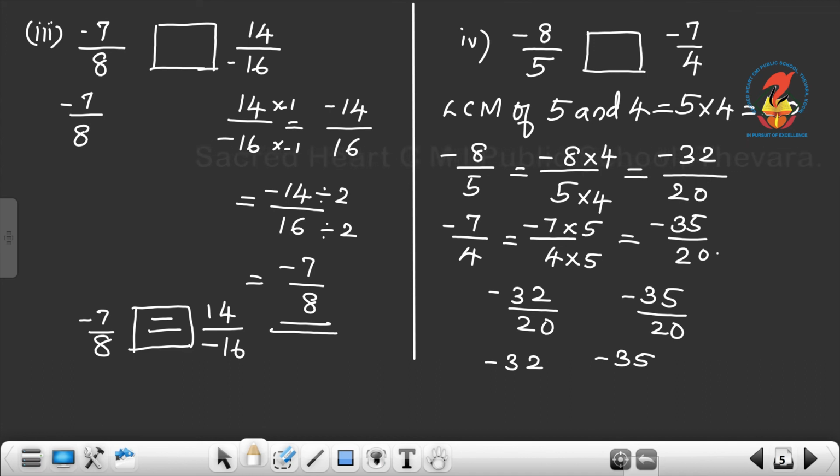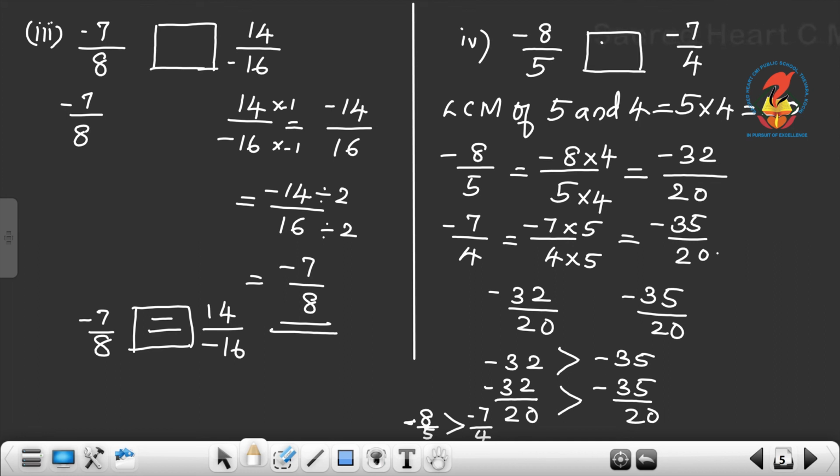Which one is the biggest one? Negative 32 is greater than negative 35. So negative 32 by 20 is greater than negative 35 by 20. And negative 32 by 20 corresponds to negative 8 by 5. So negative 8 by 5 is greater than negative 7 by 4. So we can use the greater than symbol.